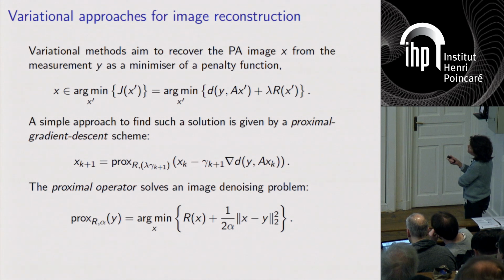If you take the forward-backward scheme, as I was saying before, you would have the gradient, and you would have the proximal operator corresponding to R. This is a simple scheme that is completely deterministic, uses the gradient information in a previous iterate, and of course assumes knowledge of R.